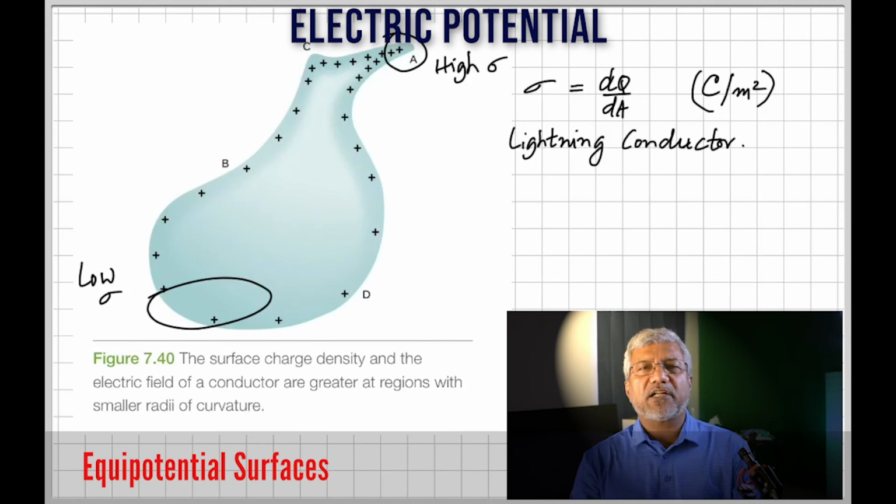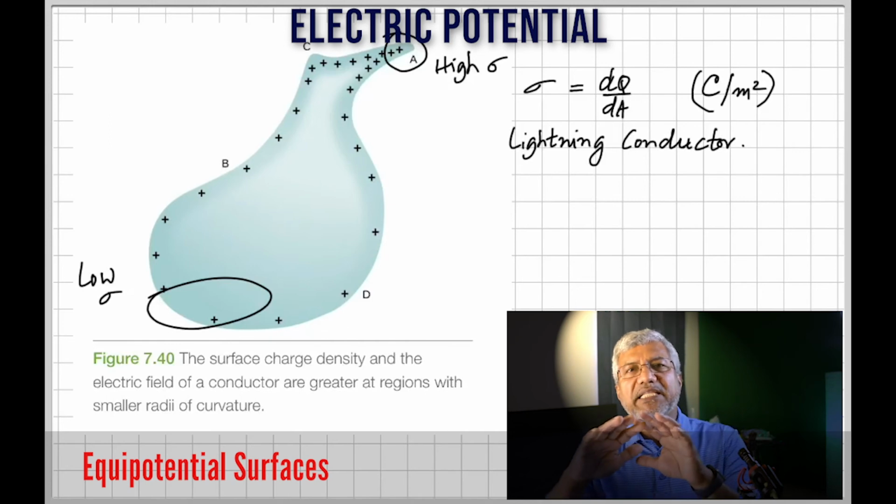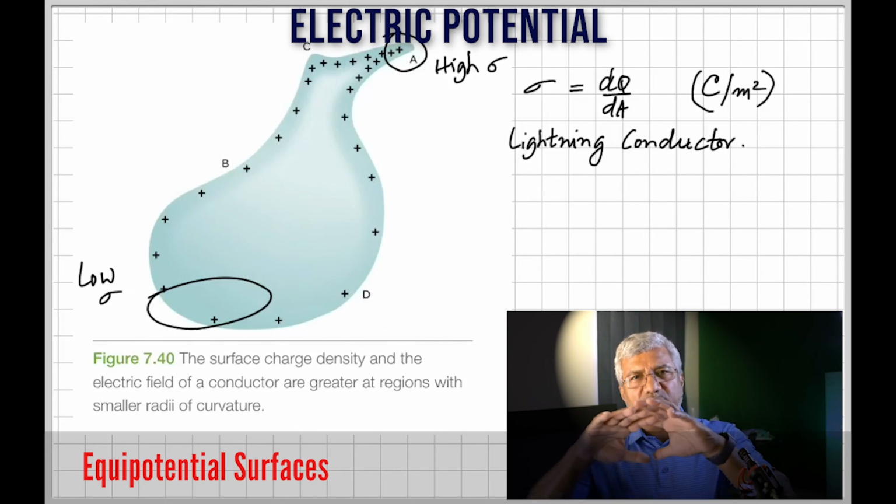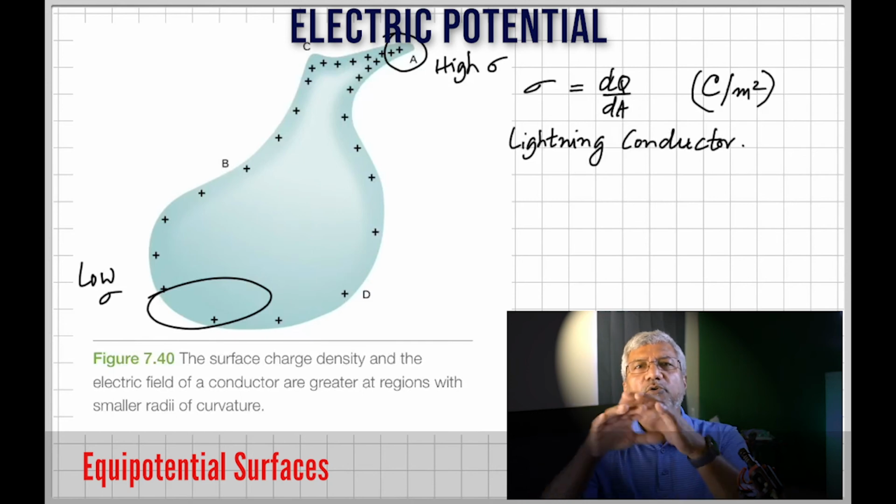Another important concept is that of surface density of charge. The symbol is sigma, and surface density of charge is simply the charge over a surface divided by the surface area. So if you charge a sphere, a conducting sphere, for example, the charge is spread out uniformly all over it.